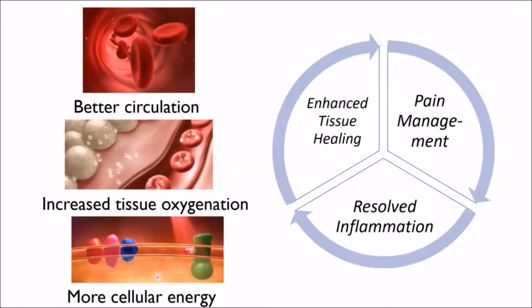What is happening during laser therapy? We can describe it in these ways. The physiological effects of laser therapy treatments are to induce better blood circulation in the tissues, to increase the levels of tissue oxygenation, and as a result, we see the production of more cellular energy, which is in the form of adenosine triphosphate, ATP, the energy that is produced by the mitochondria being the engine of the cells.